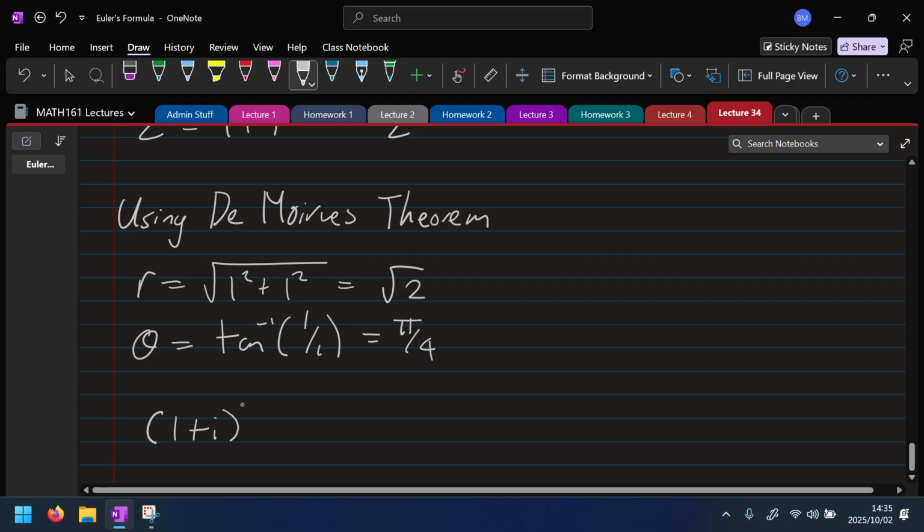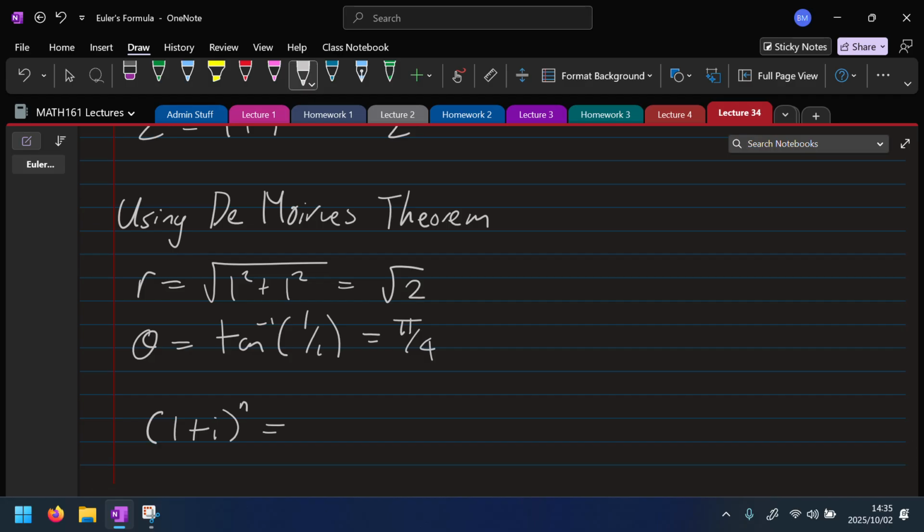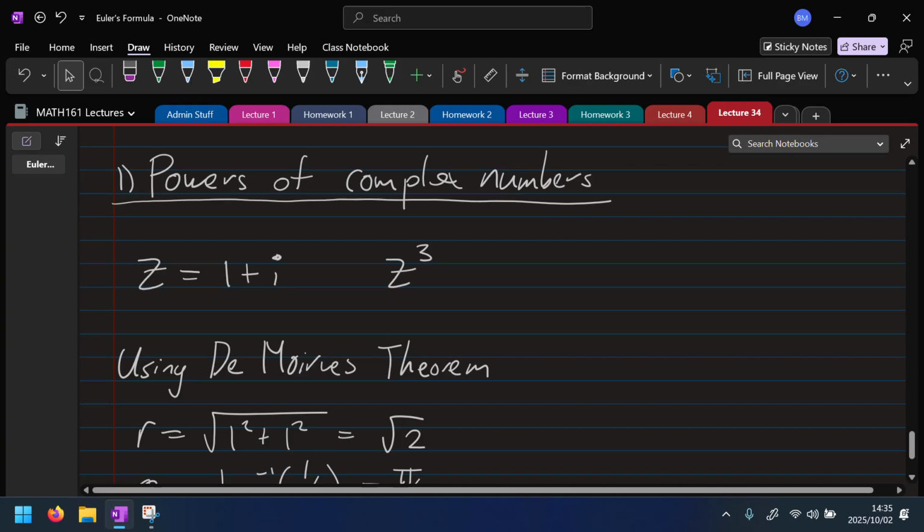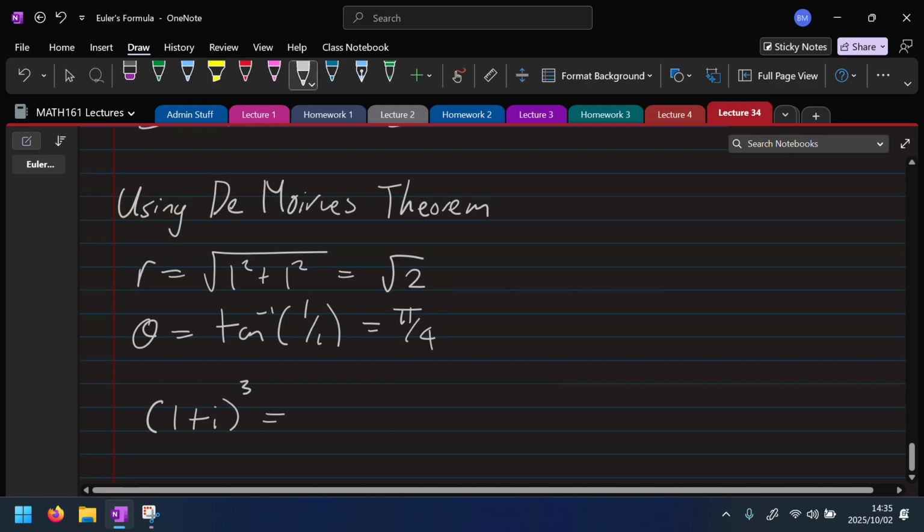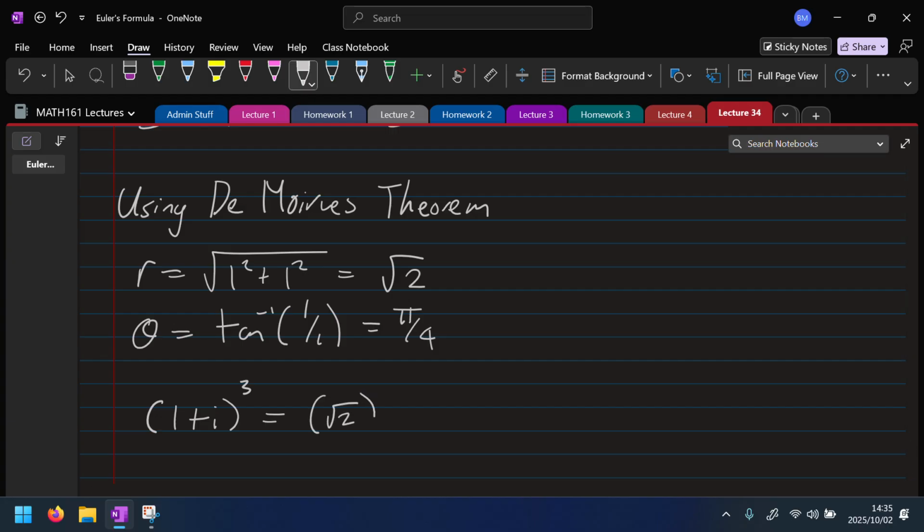So 1 plus i to the n will be r to the n. Okay, right, this was the n from the z to the n. So we're looking for cubed, so n is 3. Then it will be r to the n, so that will be root 2 to the n, in this case it's 3, then it was cos n times theta.